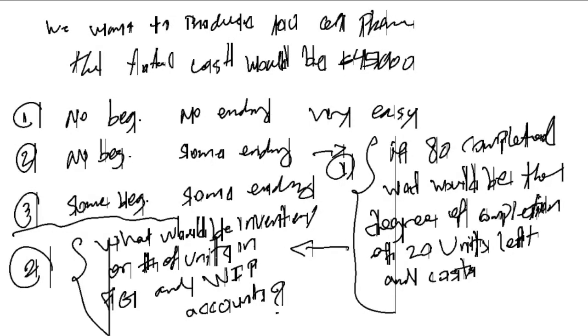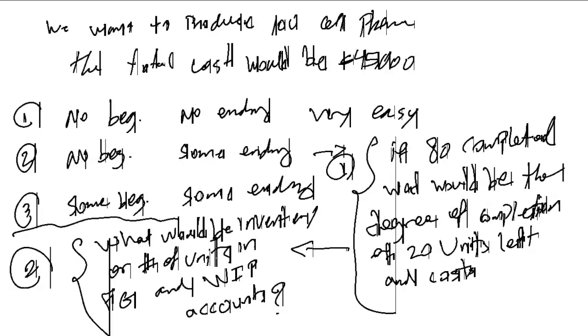But look at number two. Let's say we have no beginning inventory, but we have some ending inventory. In this case we might have some problems, because we cannot assign all $45,000 of cost to those 100 units that we started to produce. Why? Because we completed just 80 units of those. So how about the 20 incomplete or partially completed units left in ending inventory?